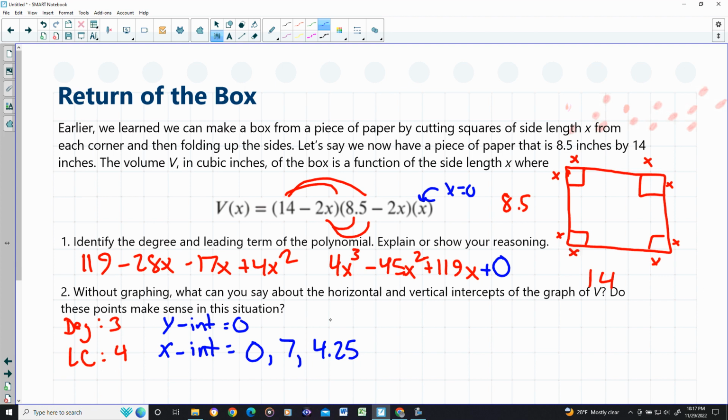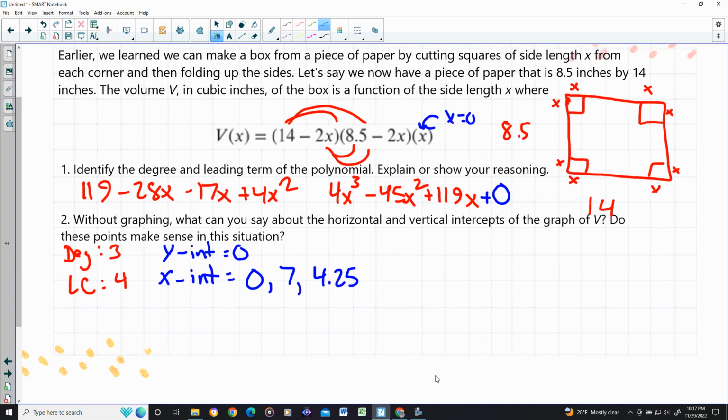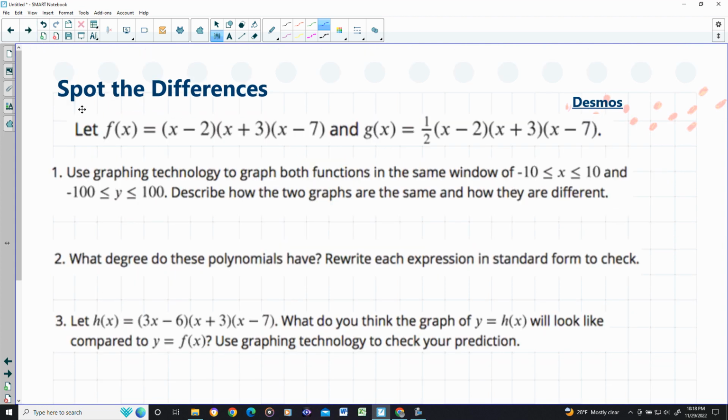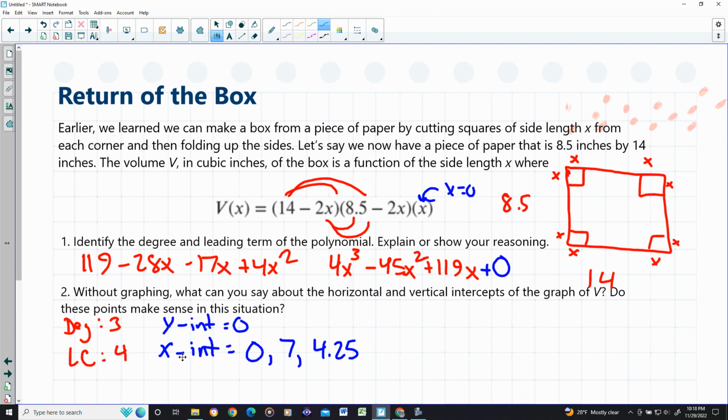Okay, so we already know quite a bit about this function: its x-intercepts and its y-intercept, and that gives us a nice, pretty clear picture. Now, going back to this question, one question that often gets asked is what is a safe or reasonable domain to use for x for this box?